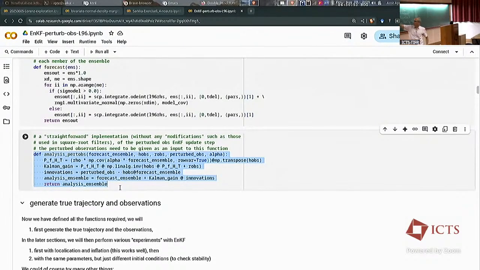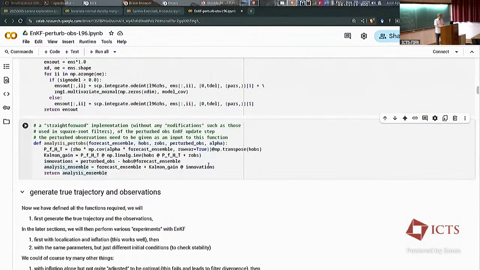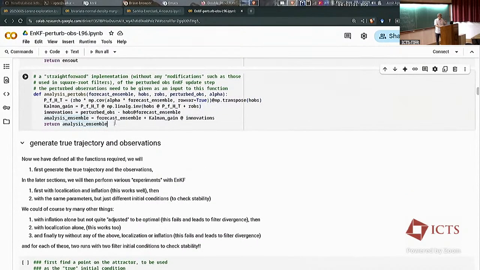I'm actually not using square root filters, and it's just computing the covariance blindly using the Kalman gain, which is P H transpose times something inverse, without any concern for computational efficiency whatsoever. But it's a 40-dimensional model, so it's okay. I don't need to worry too much about it. And this is what will be used in this iterative method: forecast, analysis, and so on and so forth.